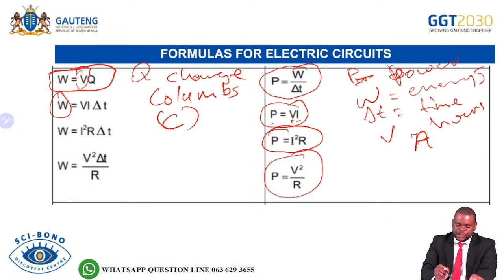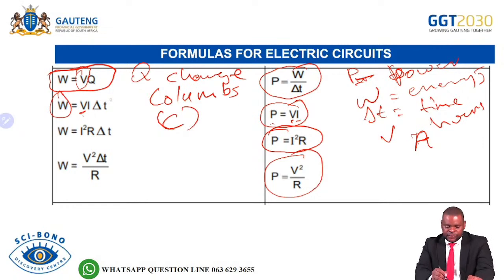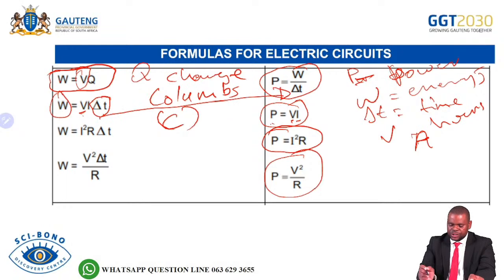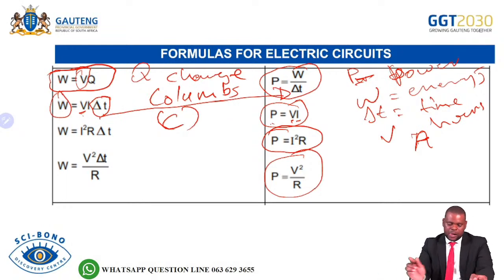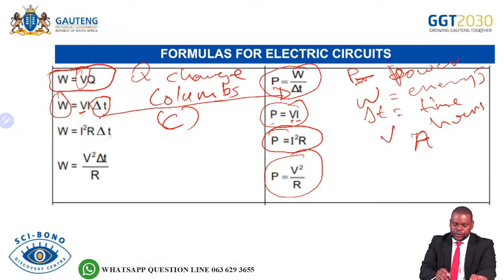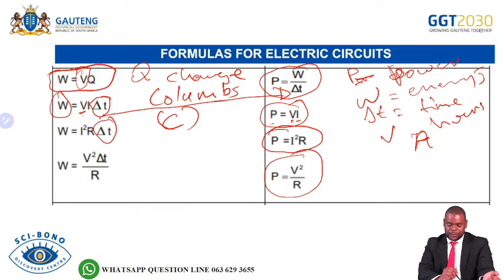W is still energy, and then V is still what? Potential difference, and then I is current. Then change in time, we know that is the same as this one here, measured in hours. Are we together? And then W here is still energy, I current, R resistance, change in time. Can you see?